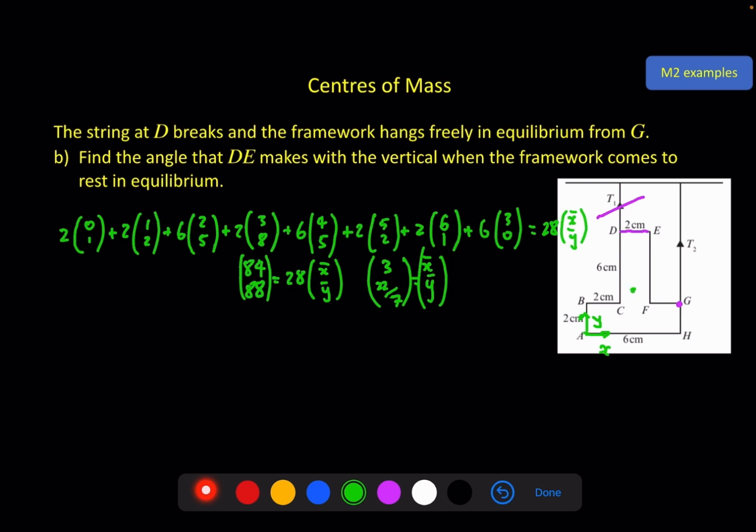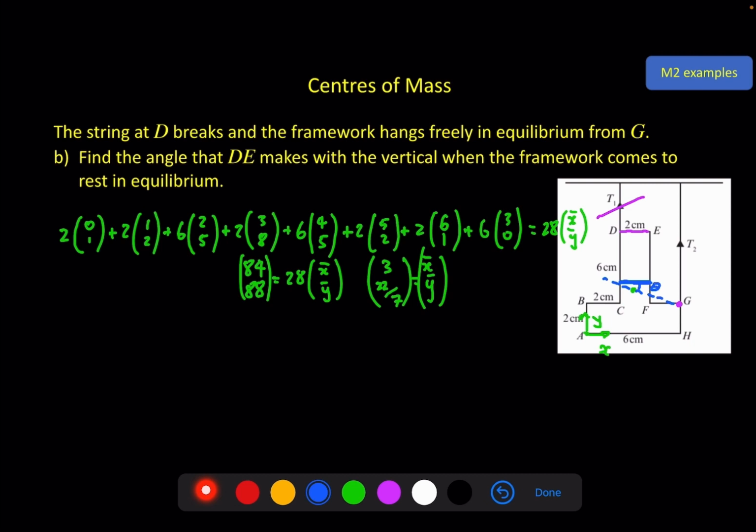So if it hangs freely from G and in equilibrium, the vertical must go through that center of mass point from G. The angle with DE, DE is parallel to this line here, so the angle with DE is theta here.